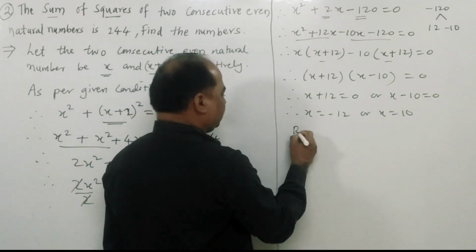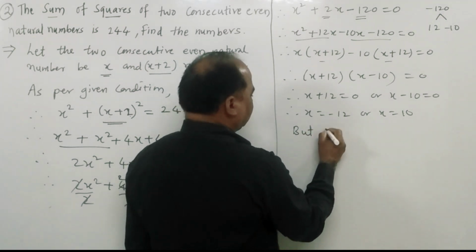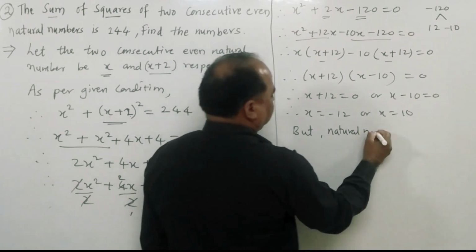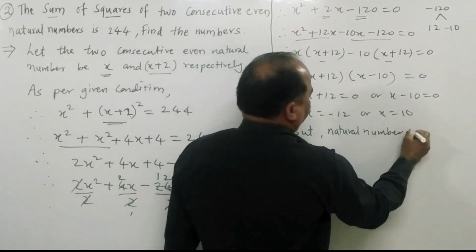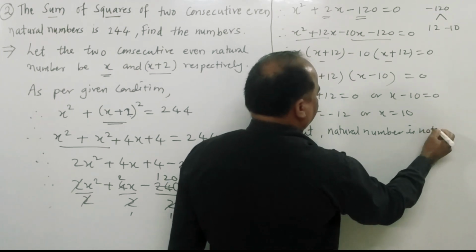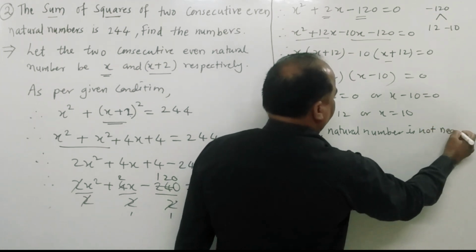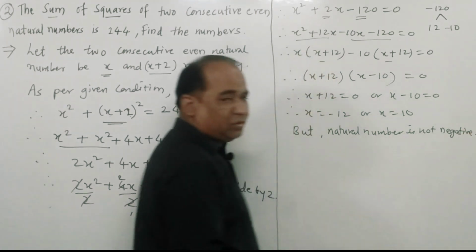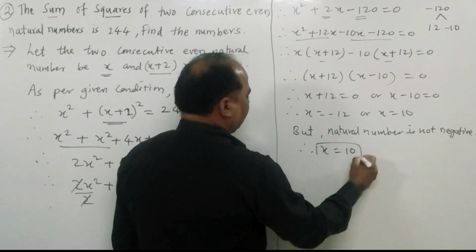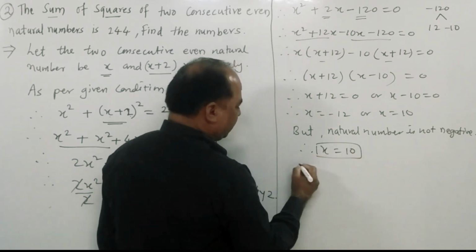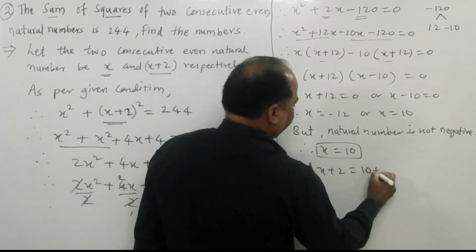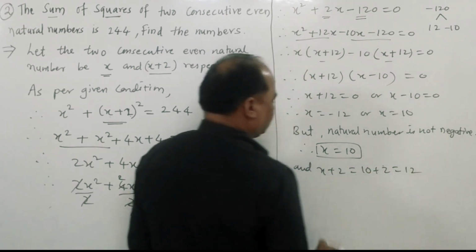So, here, a natural number is not negative. It cannot be negative. Therefore, x is equal to 10, and this is the first number, and x plus 2 is equal to 10 plus 2, which is equal to 12.